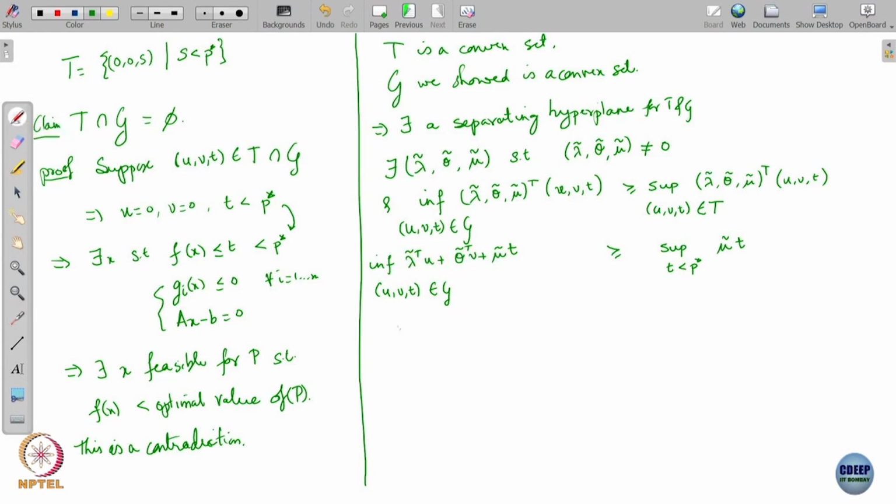If lambda tilde less than 0 or mu tilde less than 0, then LHS equals minus infinity, which is absurd, since RHS is finite.